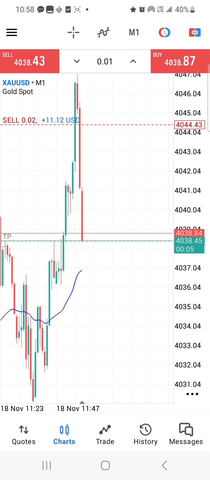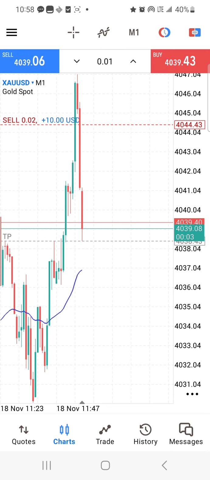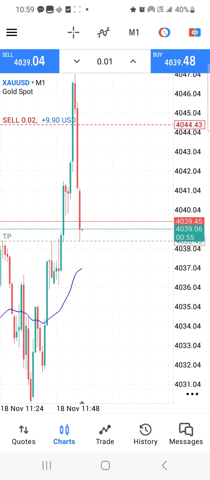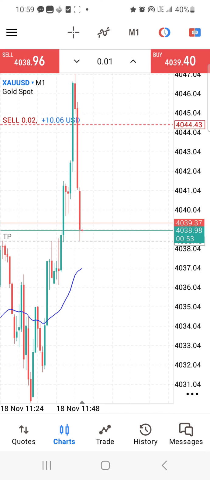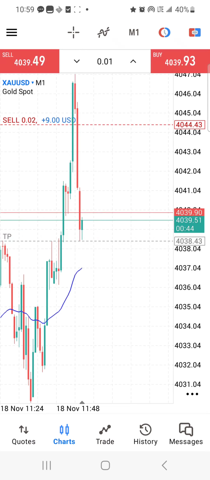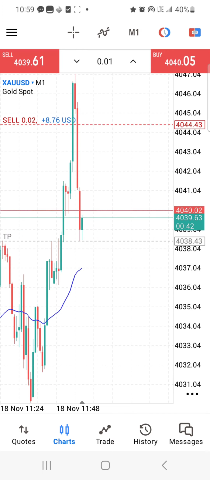So this is the bid price touching it, but the ask price must hit it. And that's that. If it reverses, then it means we must still stick to the plan. Yes, that's what trading is all about. Stick to the plan, and you will definitely end up on the better end of the market. So let's keep watching.